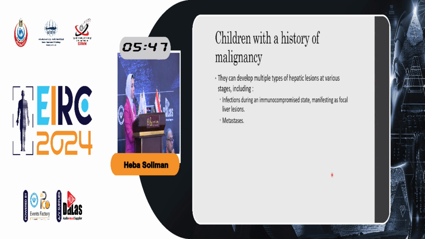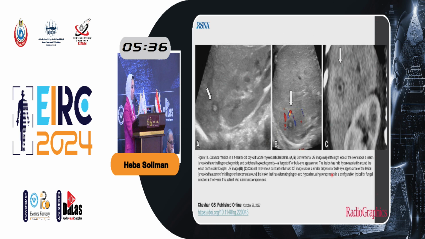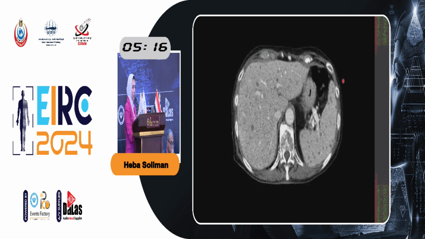Children with a history of malignancy can develop multiple types of hepatic lesions at various stages, including infections during the immunocompromised state, manifesting as focal lesions, or metastases. This is a case of candidiasis with a typical appearance on the ultrasound, the targetoid or bullseye appearance, with central echogenicity and peripheral hypoechogenicity, and again the characteristic appearance on the contrast enhanced CT.